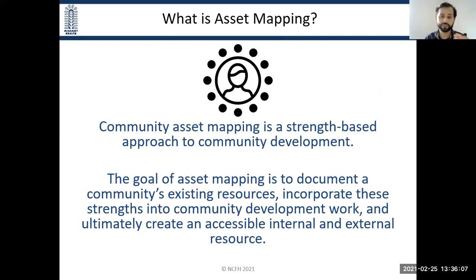When you research your service area through the lens of an asset map, you highlight and recognize contributions or potential of organizations and individuals. So the goal of asset mapping is to document a community's existing resources, incorporate these strengths into community development work, and ultimately create an accessible internal and external resource.